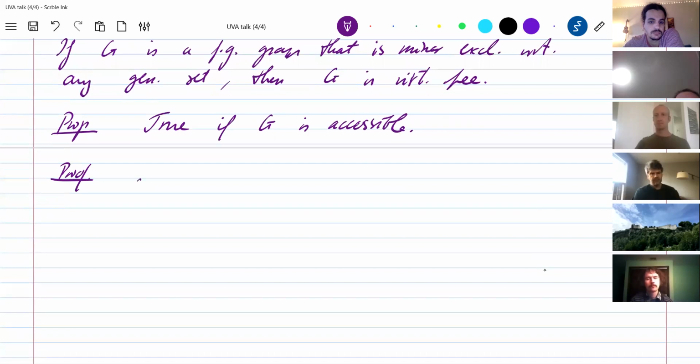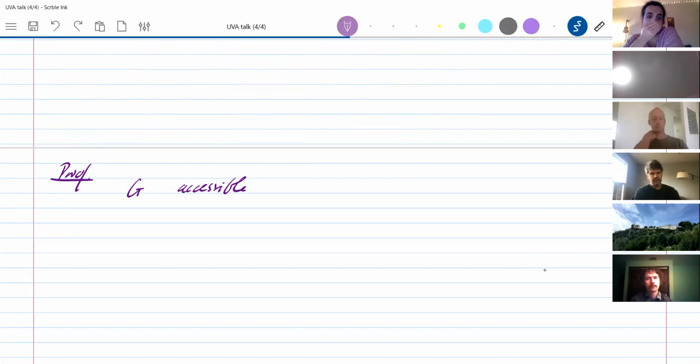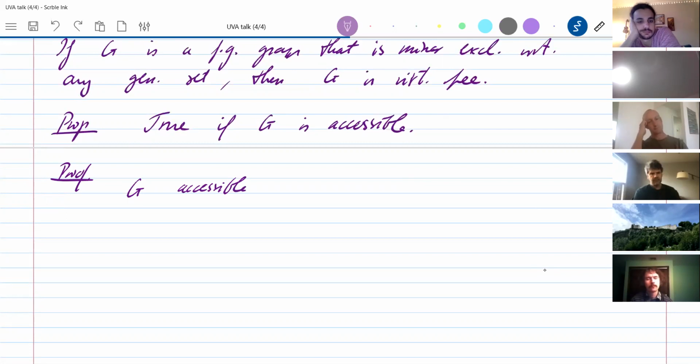So when G is accessible, as I said, that means we can start decomposing our group if it has more than one end, and we're going to finish that process off in a finite number of steps.